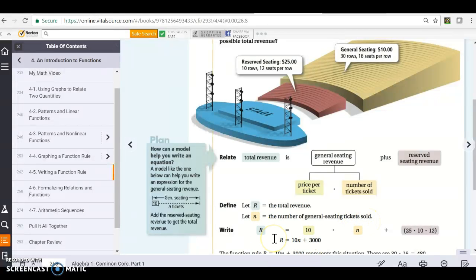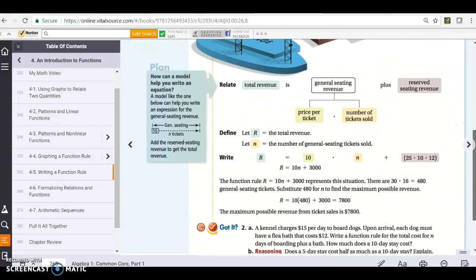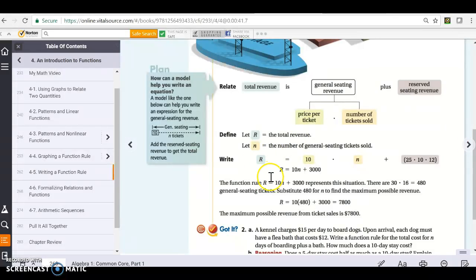So if we write an equation, we have R equals 10 times N plus the reserved seating, which is $25 times 10 rows times 12. So the function rule is R equals 10N plus 3,000 because we multiplied this out.